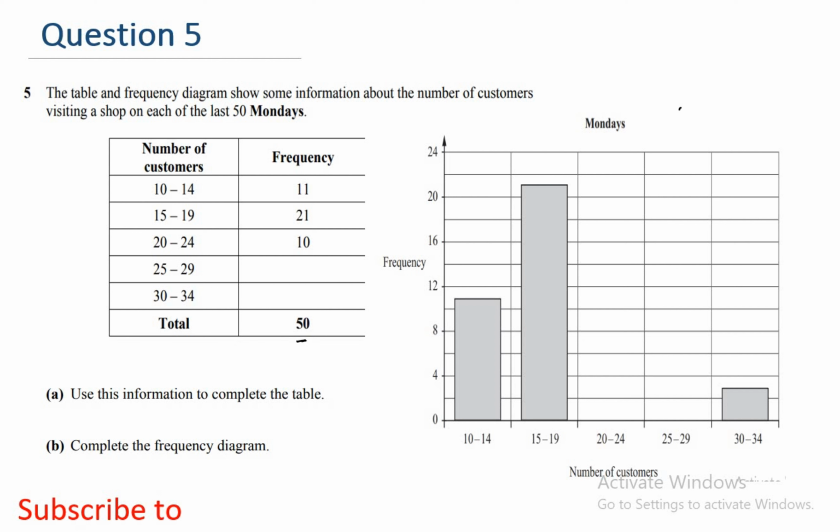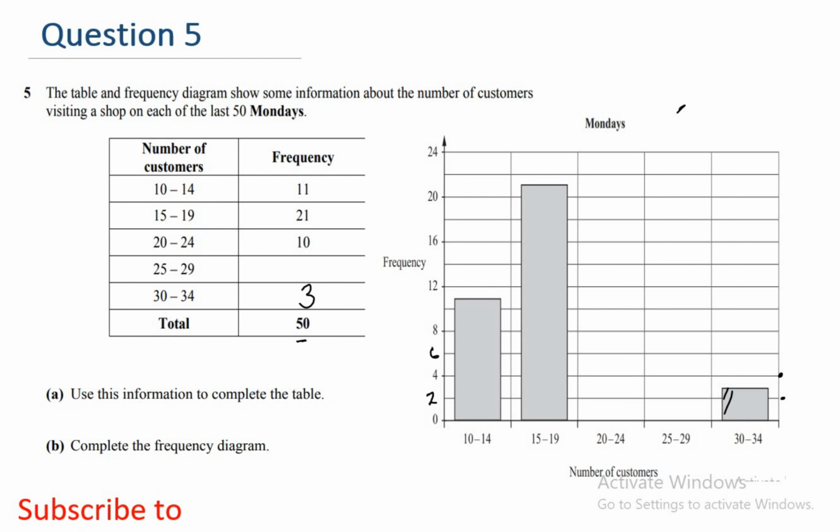But if you come over to the graph here, the numbering is like 0, 2, 4, 6, 8, 10, 12, and so on and so forth. 30 to 34 was given. It's above 2, but between 2 and 4. So 30 to 34 must be 3.